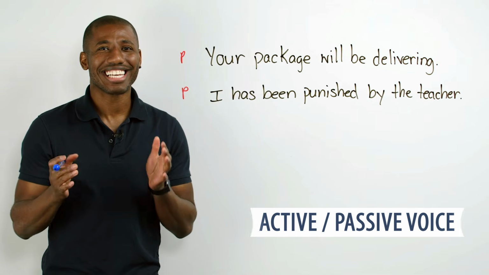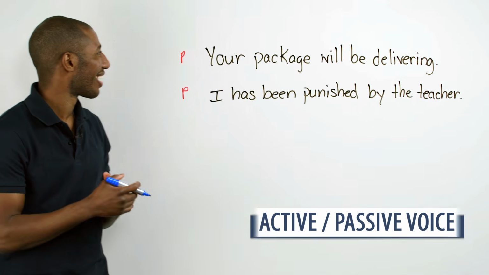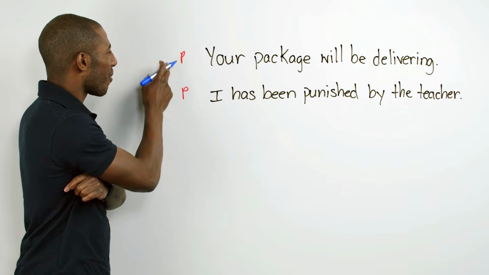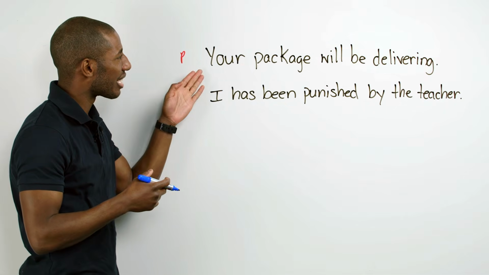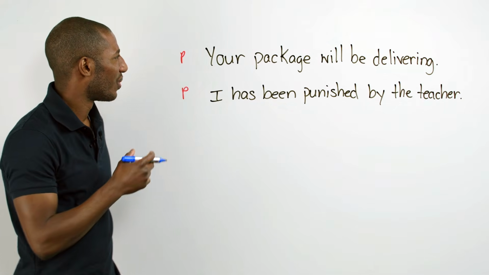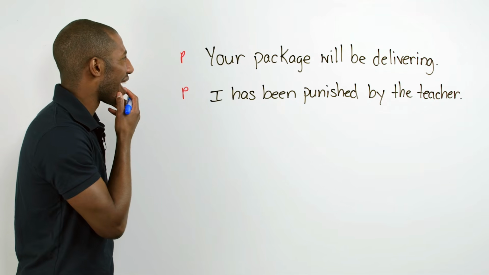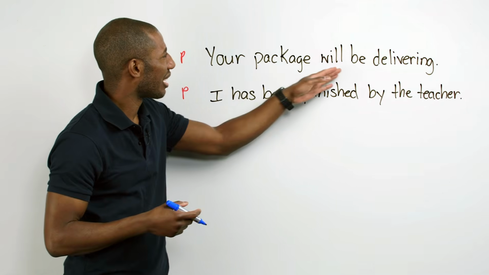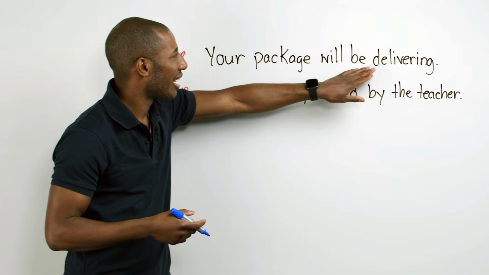Okay, students, let's see if we can find the mistakes written in these sentences. Both are written in the passive voice. Your package will be delivering. Ooh, something doesn't seem right. Your package will be delivering. This part seems like it's great.